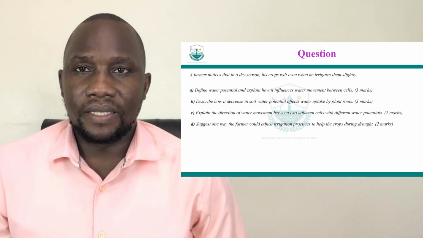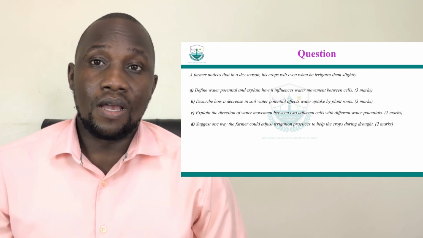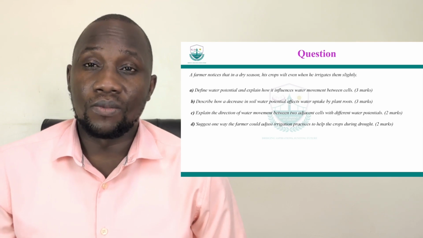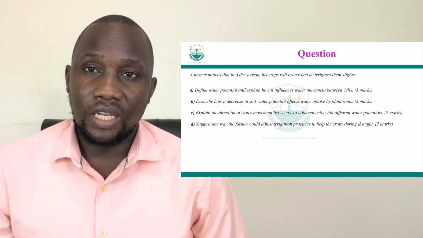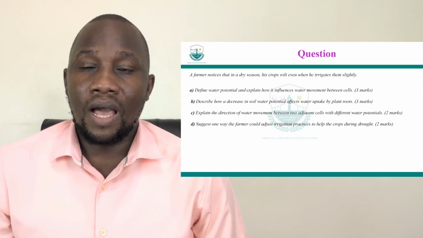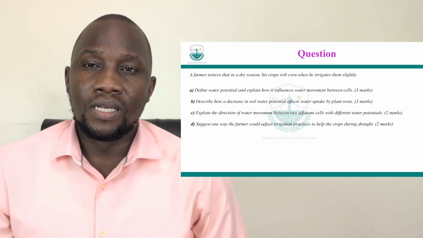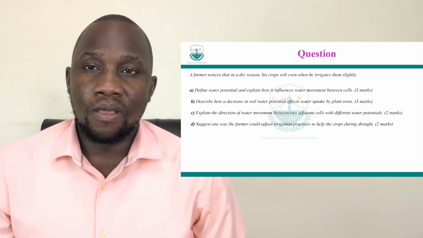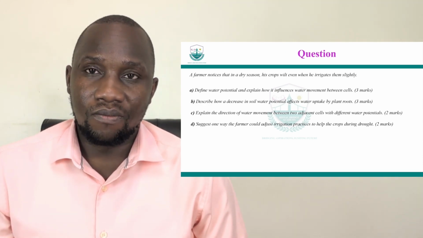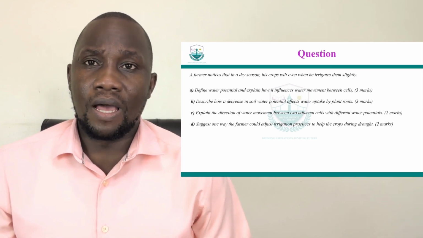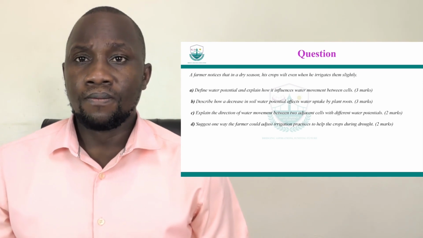This is quite an excellent example of how we can apply our knowledge on water potential in growing crops, because crops will actually need water, but this water has to be applied to the crops such that they can actually absorb this water. So usually we rely on rainwater to basically enable our crops to grow.